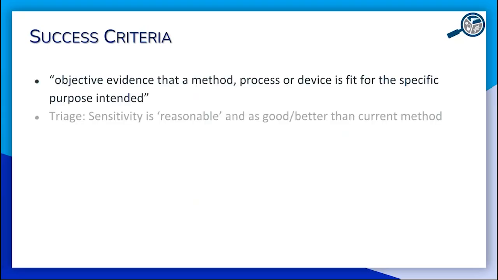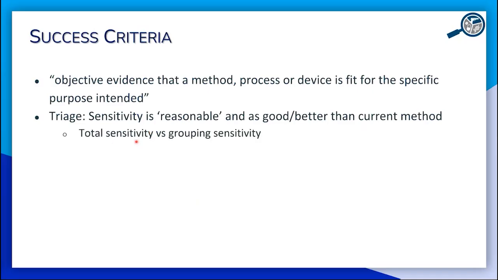So for example, in triage, you can take a look at the sensitivity, and is it fairly reasonable and as good as or better than current methodology. So one thing to think about with sensitivity is total sensitivity versus grouping sensitivity. And what do I mean by that? So you can imagine if you have 4 items that you're comparing. Total sensitivity is there's 6 total different comparisons.